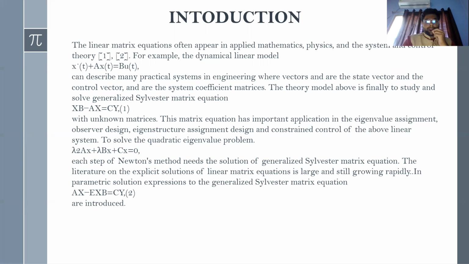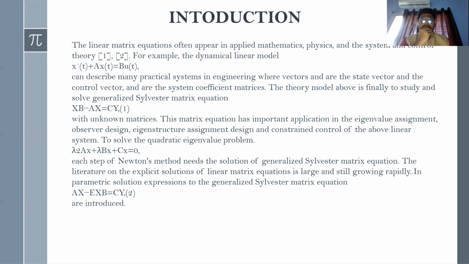Lambda square AX plus lambda BX plus CX is equal to 0. Each step of Newton's method needs the solution of the generalized Sylvester matrix equation. The literature on the explicit solution of linear matrix equation is large and still growing rapidly.